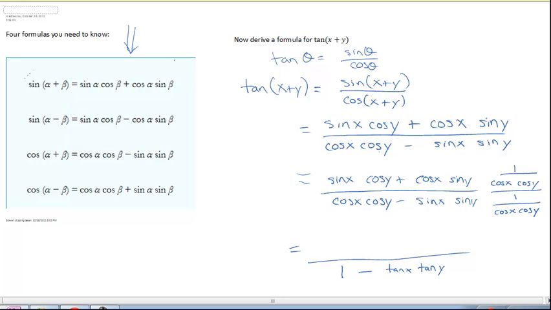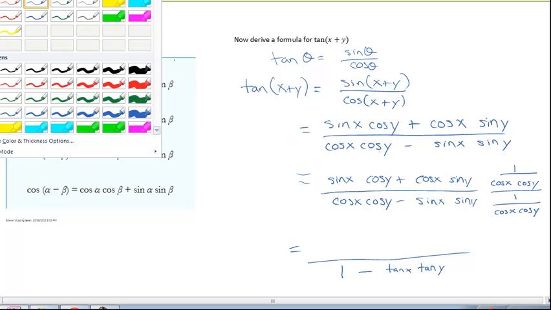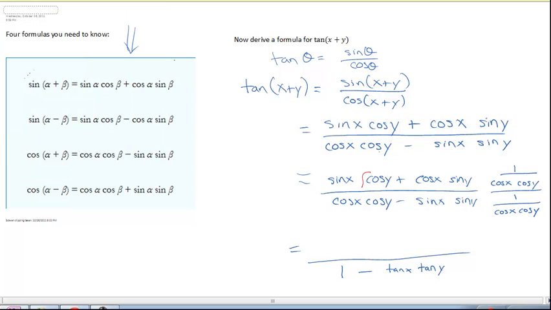In the numerator, notice that for each term in the numerator, there is either a cosine x or a cosine y in that term. Therefore, when I multiply by 1 over cosine x cosine y, those terms will reduce to 1, and I'll be left, as it turns out, with a ratio of sine over the remaining cosine in the correct angle.